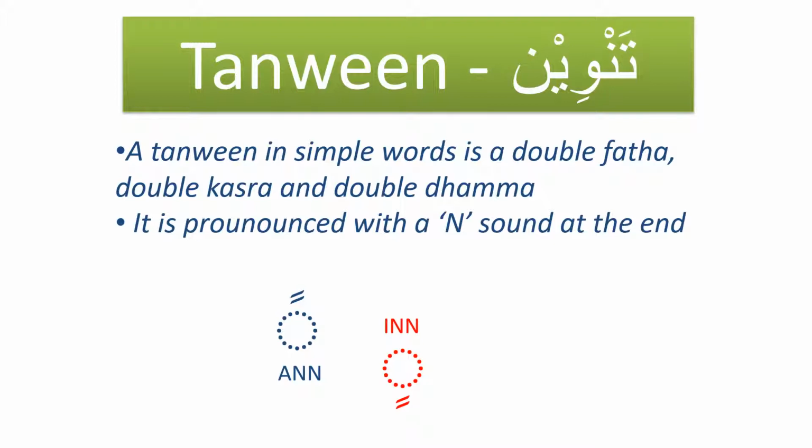Now when it's a Tanween, when there is a double Kasra, you pronounce it as In. And Dhamma, you've probably guessed it. Dhamma is the U sound. Now when there is a double Dhamma, you'll pronounce it as Un. So you basically, in simple words, add an N sound at the end.